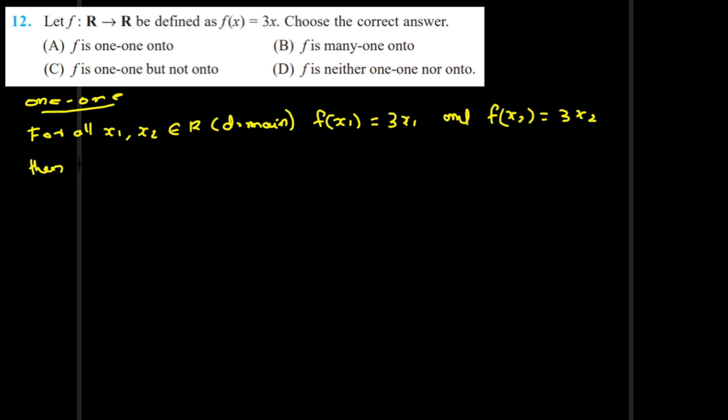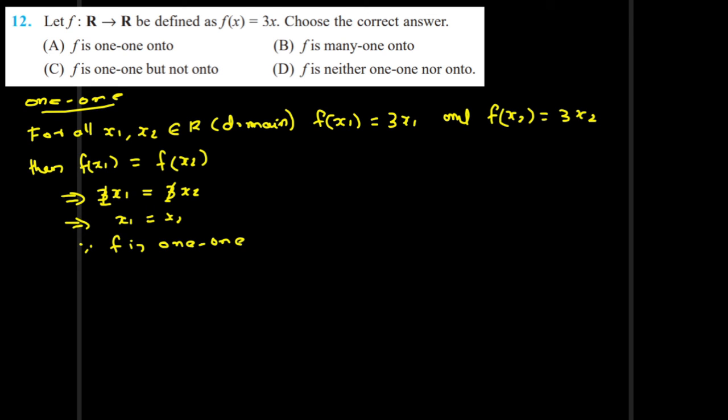Then f of x1 equals f of x2 implies 3x1 equals 3x2. Here 3 is common on both sides, you can cancel it. This implies x1 equals x2. Therefore f is one-one function.